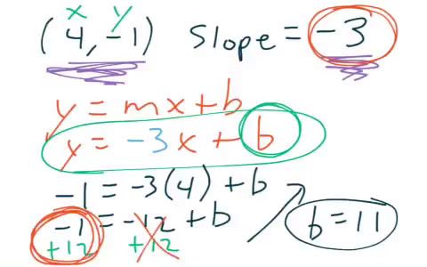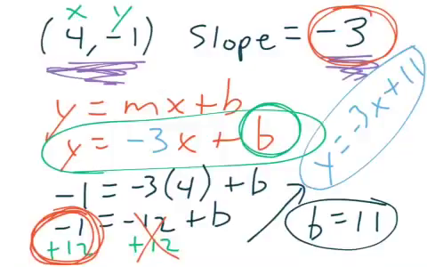B equals 11. Hey, we now can write our equation. Our equation is y equals -3x, because our slope, again, was -3, plus 11. And there is our answer. That line in blue over here is the line that goes through 4, -1 with a slope of -3.